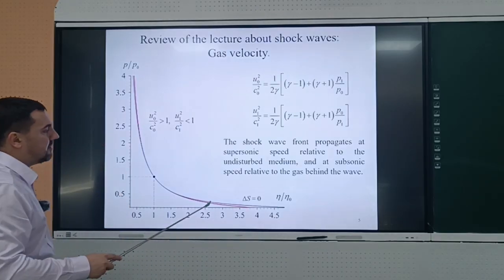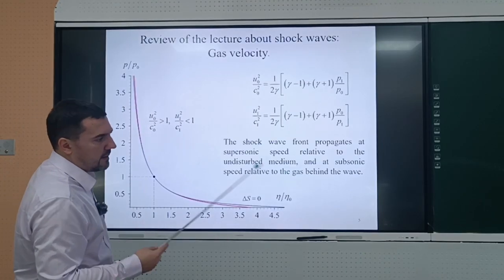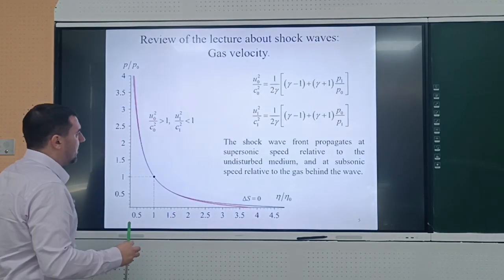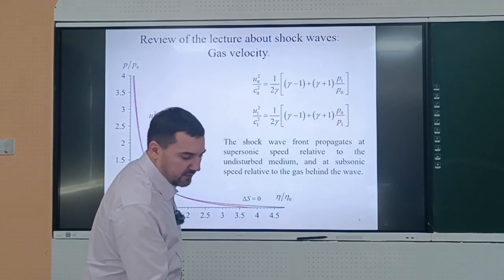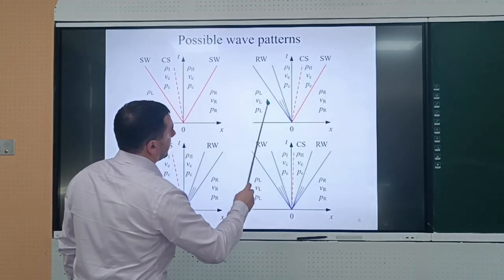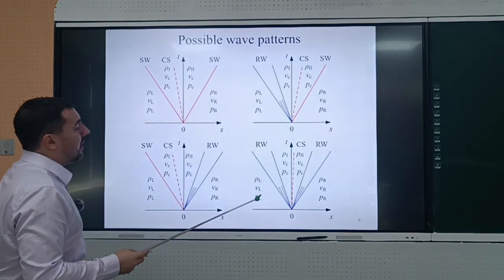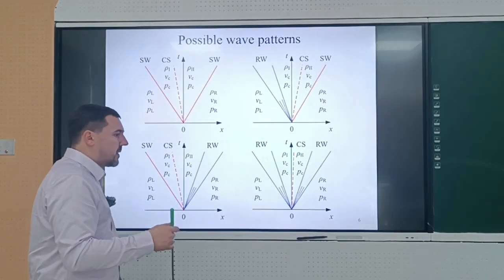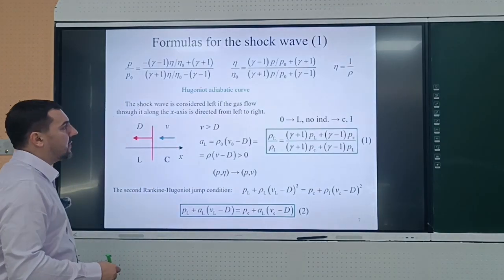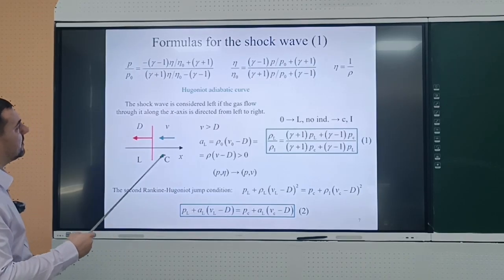We used this space to analyze all possible states for gas behind the passing shock wave and so on. But as I explained now, we need the space PV, because across the contact surface pressure and velocity are constant. That is why let's rewrite all these relationships that we obtained for shock waves and for rarefaction waves using not P eta, but PV. How can we do that?